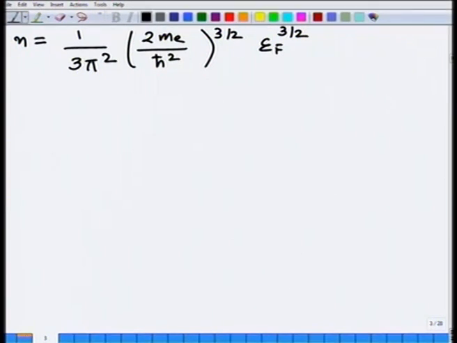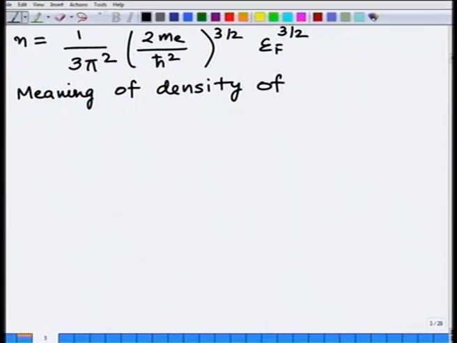Okay. So, what do we mean by density of states? Let us first define it. Meaning of density of states. This is a symbol I am going to use.